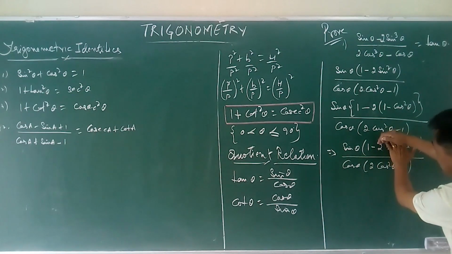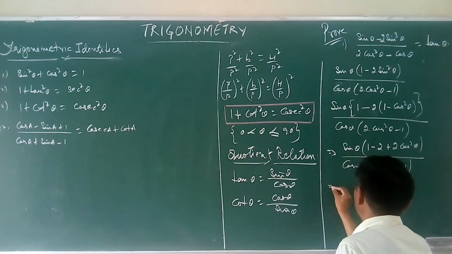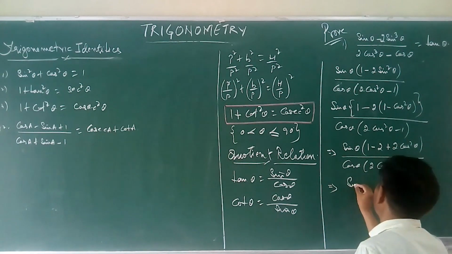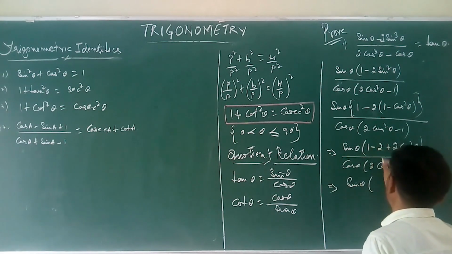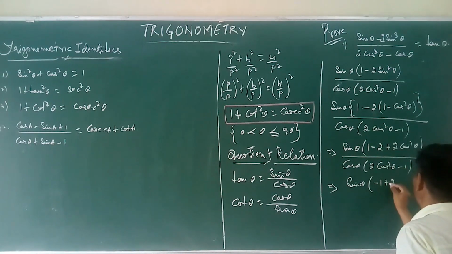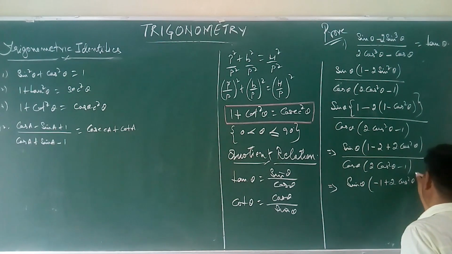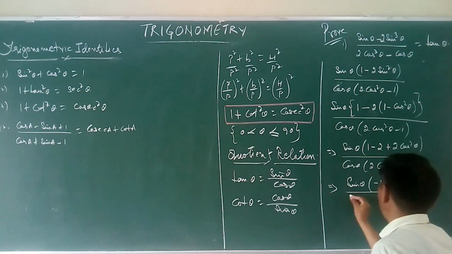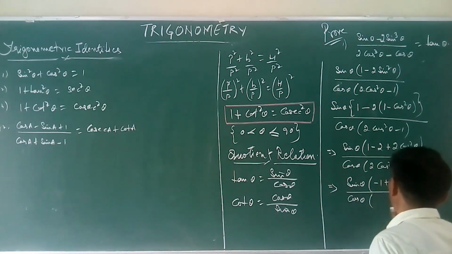Subtract this: we get sine of theta times negative 1 plus 2 cos square of theta, divided by cos of theta times 2 cos square theta minus 1.